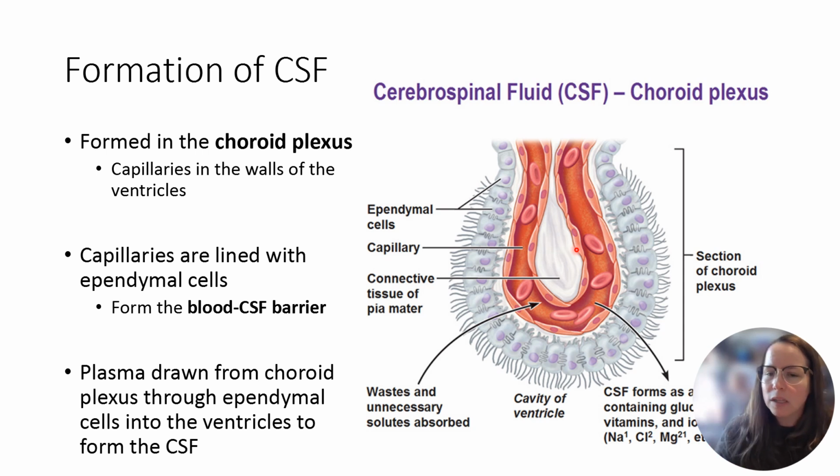Now, not only do the combination of blood cell and epithelial cell provide the filtration means essentially to produce the cerebrospinal fluid, it also creates what's called the blood CSF barrier. So your brain, as we'll talk about in a minute, is very, very good at keeping stuff out. Sometimes it's too good. So we need to make sure essentially that we don't want unwanted items as we're making the cerebrospinal fluid, like viruses and things like that.